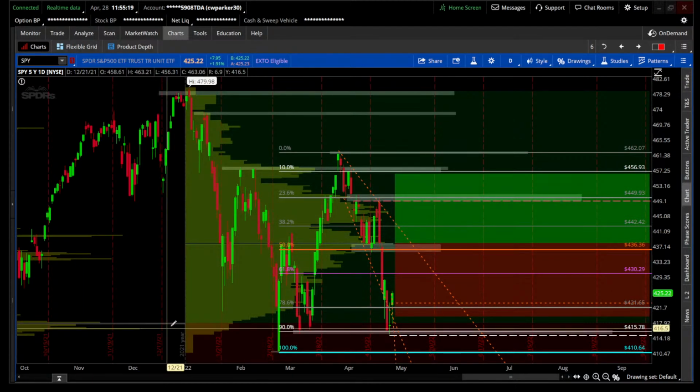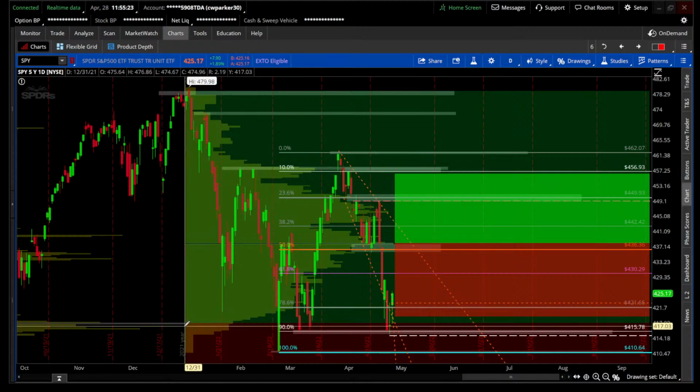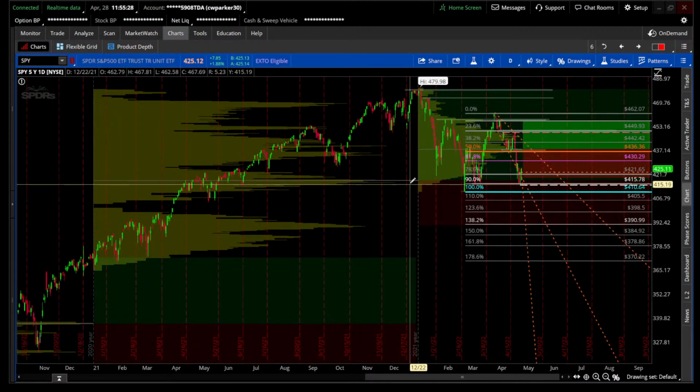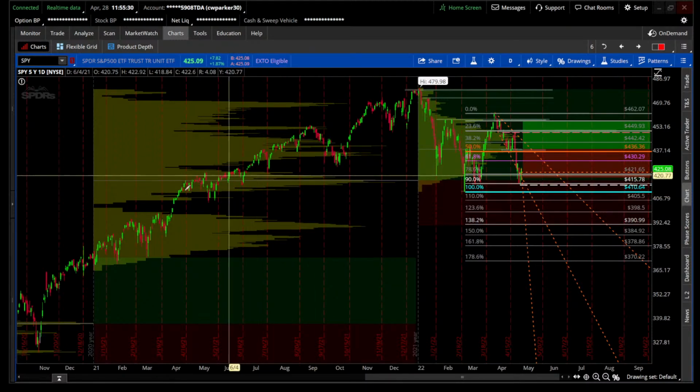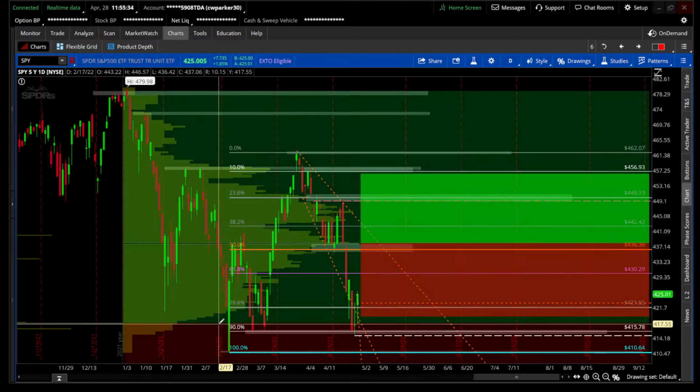And right now, this was last year's point of control, and that's exactly what SPY is. It dropped all the way down to last year's point of control. That's crazy. So it dropped all the way to last year's point of control.